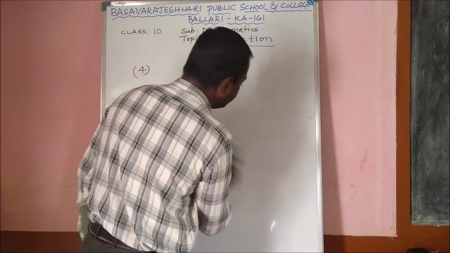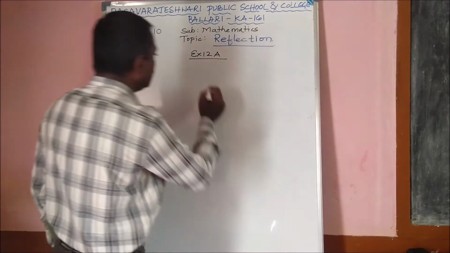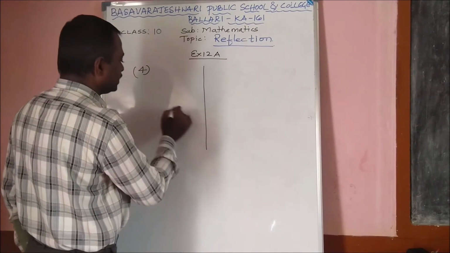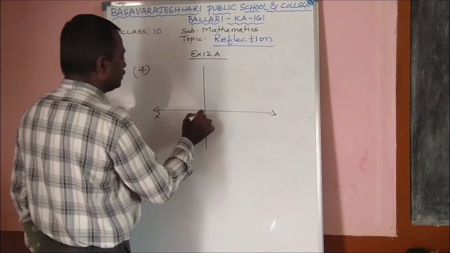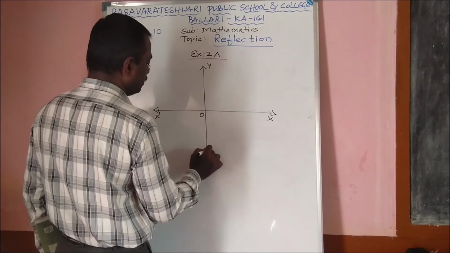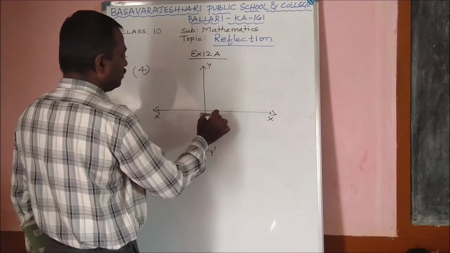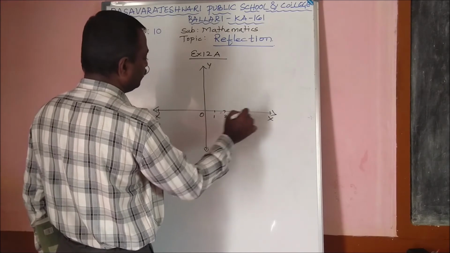Suppose two mutually perpendicular lines are there, X'OX and YOY', with marks 1, 2, 3, 4.